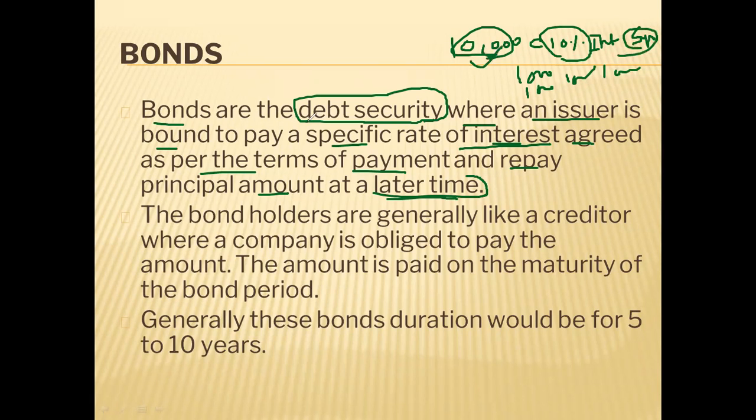That's why bonds are debt securities, which will pay two cash flows. One is the interest, and another is the repayment of the principal amount. So these two cash flows will be there in bonds. But if you make an investment in equity shares, you will not get periodic interest.